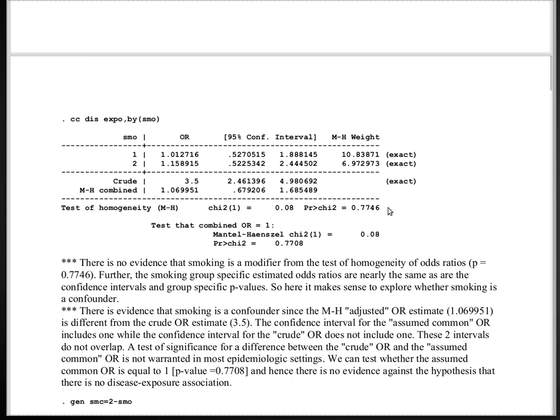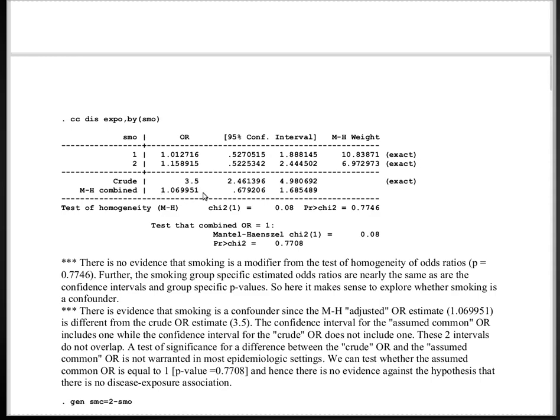And what do we see? We get a p-value that's way over 5%. So we have no evidence that the odds ratio for the smokers is different from the odds ratio for the non-smokers. Okay. So then we can think about the Mantel-Haenszel combined.